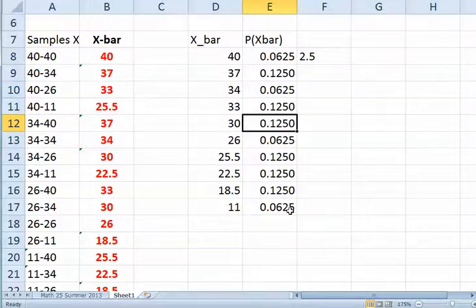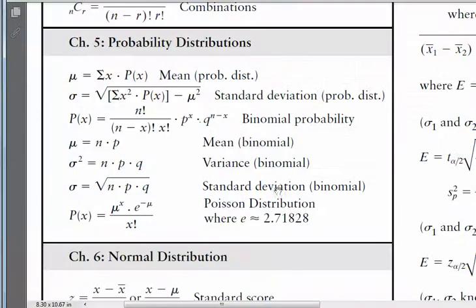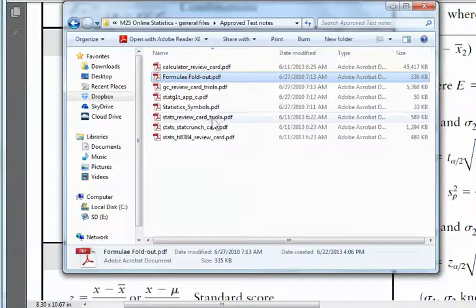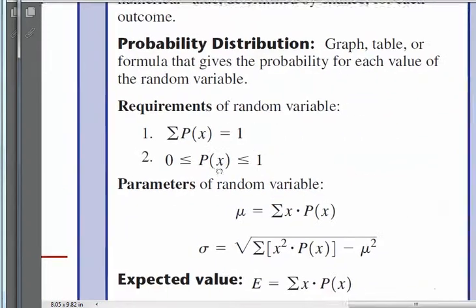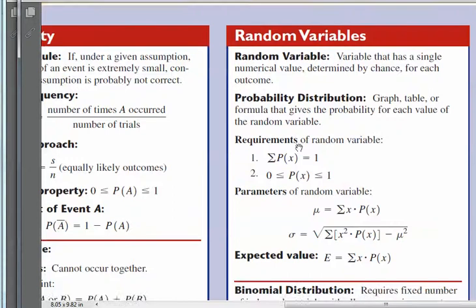In fact, remember, to be a probability distribution, there were some requirements, and it doesn't say it here, so let me go to the handouts again and remind us from the statistics review page that the requirements to be a probability distribution is that the sum of all the probabilities had to add up to be 1, and that each of the probabilities needed to be on a range between 0 and 1. Well, that makes sense anyways, because to be a probability, you'd have to be between 0 and 1.